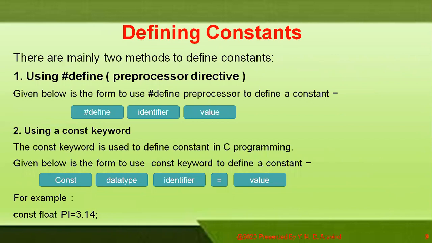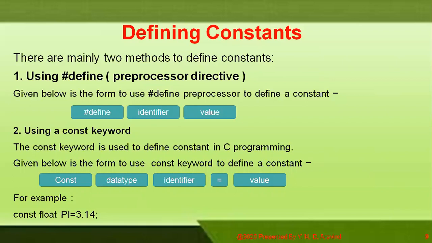Now, coming to defining constants, there are mainly two methods to define constants. In the C programming language, constants can be created by using two concepts: one is by using the #define preprocessor directive, or by using the const keyword.